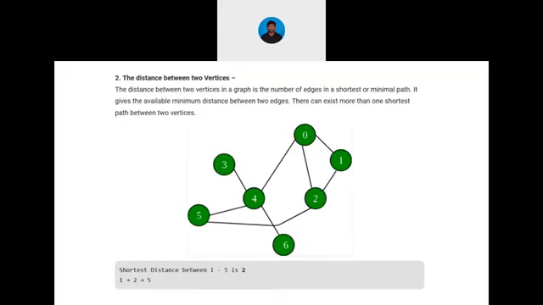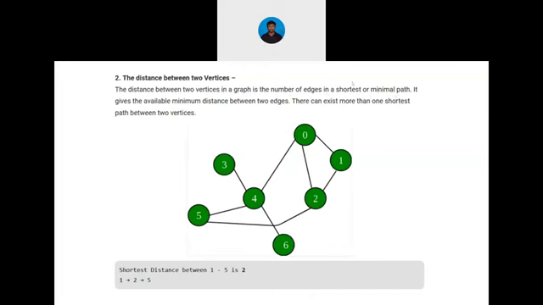The second terminology is the distance between two vertices. This is very important. We call this the geodesic distance or shortest distance. We have studied it in earlier classes also. Please make a note: the distance between two vertices in a graph is the number of edges in a shortest or minimal path.